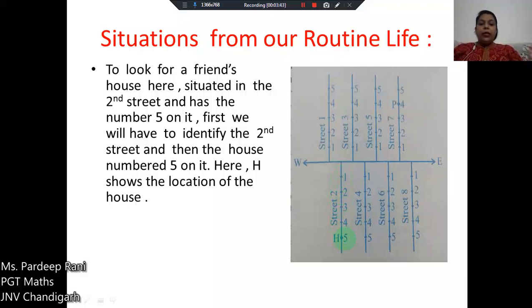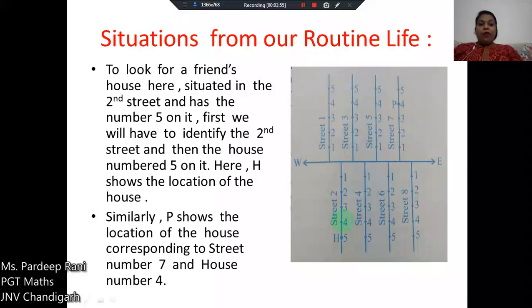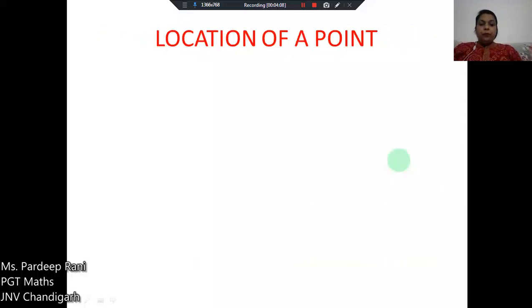It means this point H represents the friend's house which is numbered 5 located in street number 2. Similarly, we can see that this point P is representing house number 4 marked in street number 7.